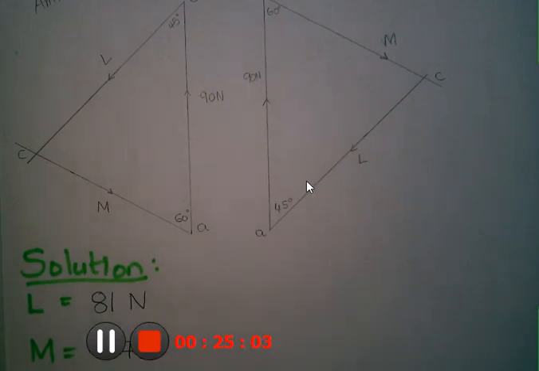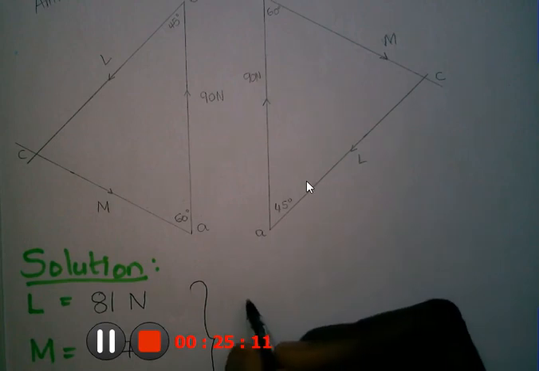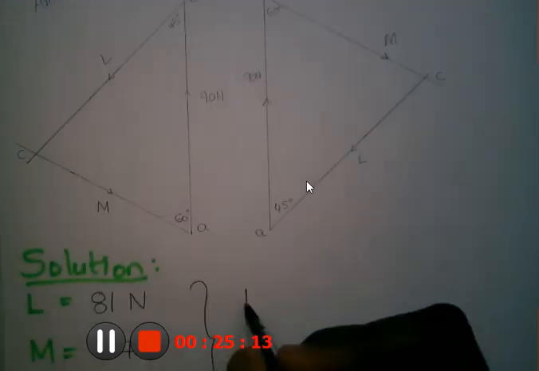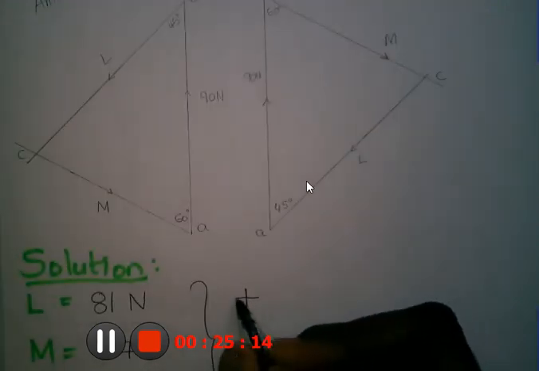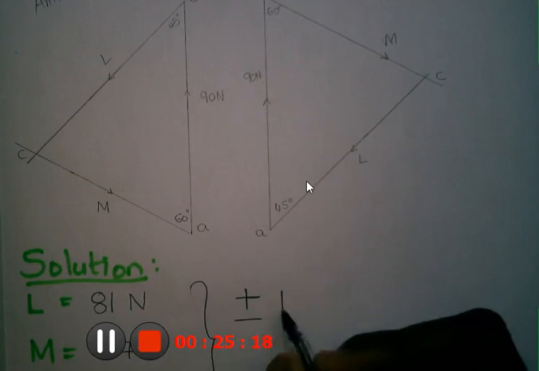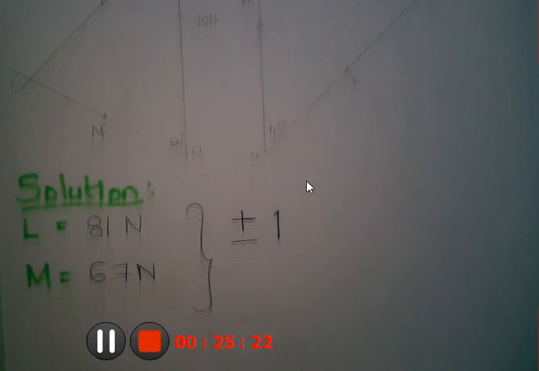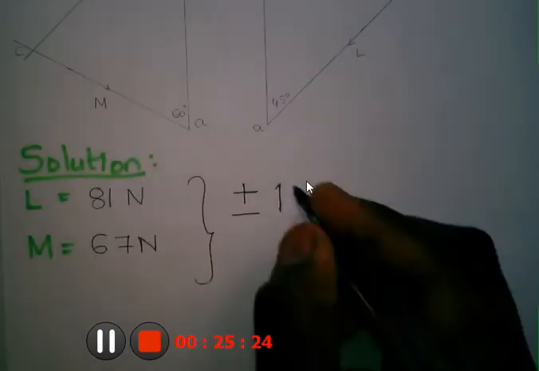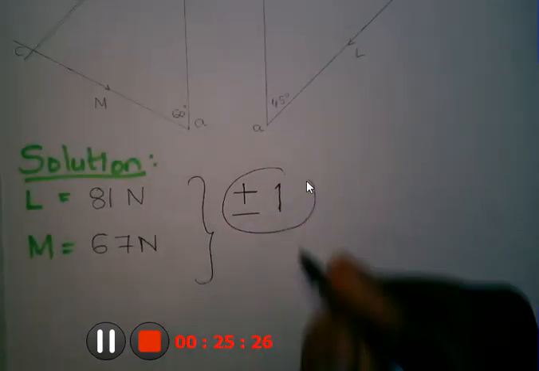So now remember with this, if you're accurate, when you are drawing, please try to draw such that your answers are within plus minus 1 of the exact answer. What do I mean? Your answers must be in that range.